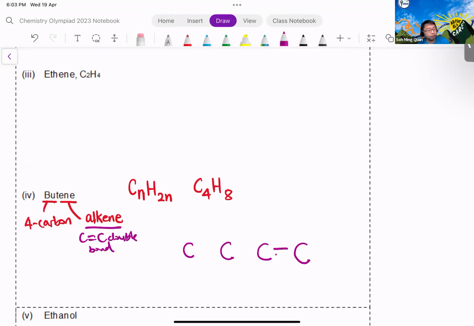So one of them must be a double bond. Remember just now I said 1 double bond, not 2, not 3. So even if you have 4 carbons, only 1 of them is a double bond. Let me choose the one on the right-hand side to be the double bond. We will go through why it cannot be the others later on. It can be actually, but let's choose the right-hand side first.